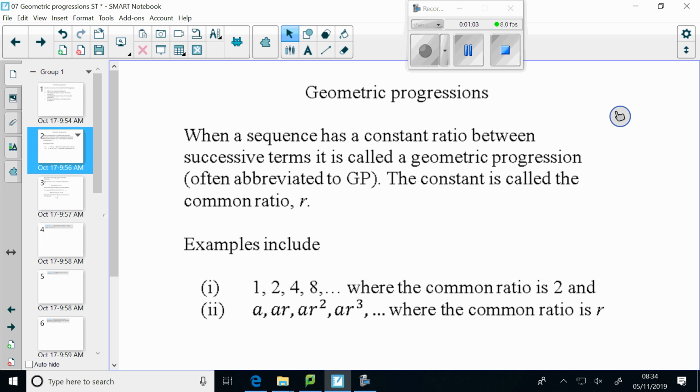So it's the previous term multiplied by 2. More algebraically, we can say a times r squared, a times r cubed, and so on. So every step is an increase in the index.